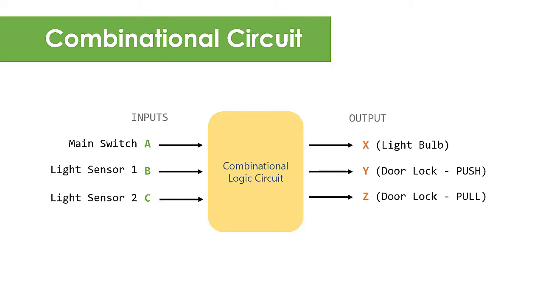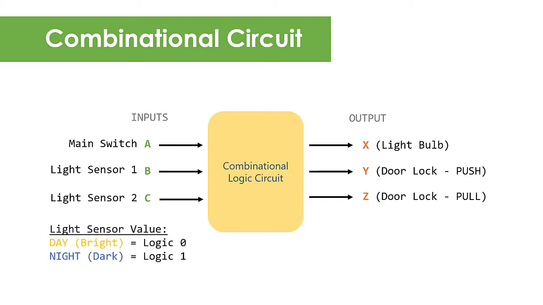For now, all you need to know is we are going to use this sensor circuit as an input signal to our logic circuit, which means the sensor will produce either logic 0 or logic 1 depending on the light intensity of its surroundings. Say, during daytime, where we have bright surroundings, this light sensor will produce logic 0. And during nighttime, where the surroundings are dark, this light sensor will produce logic 1.